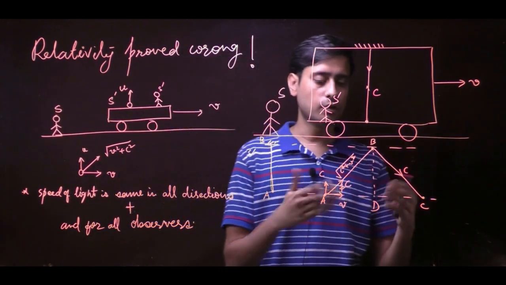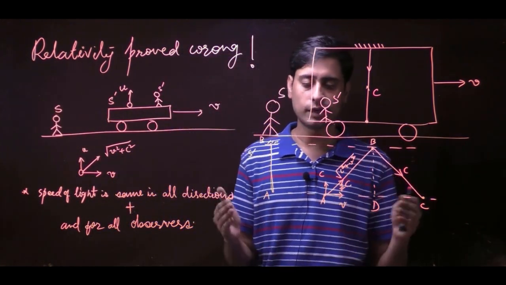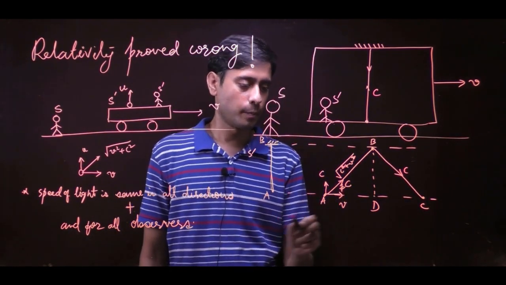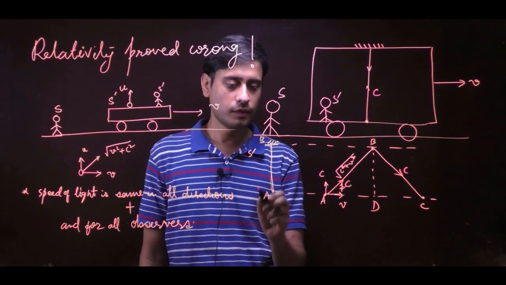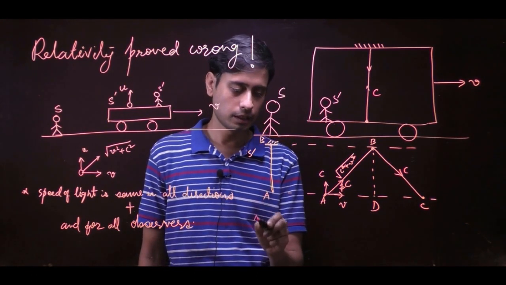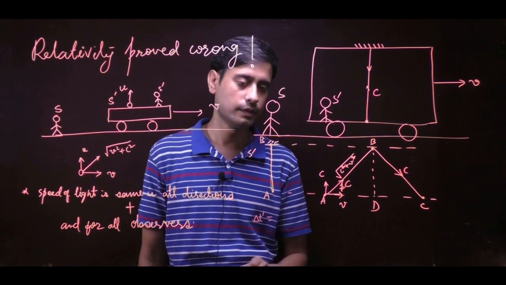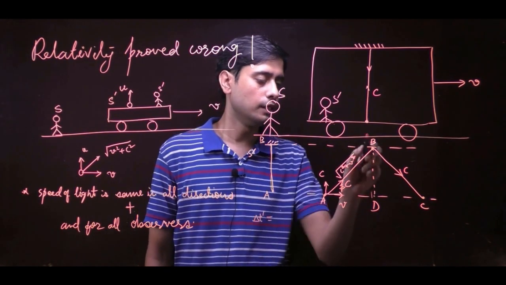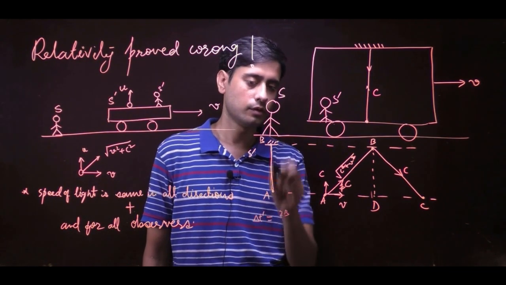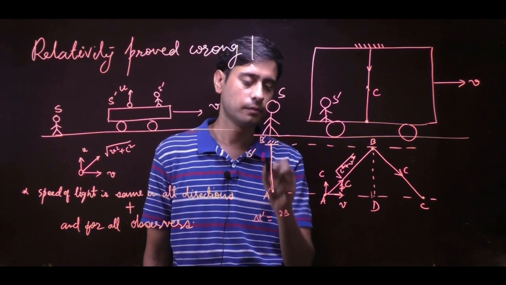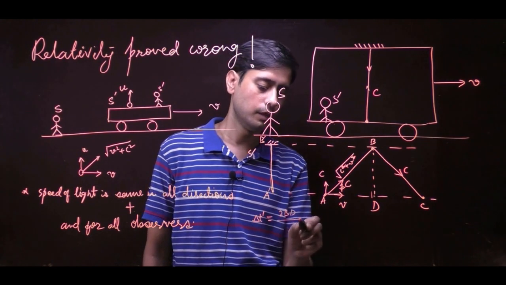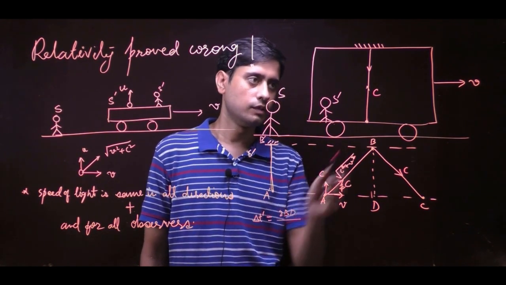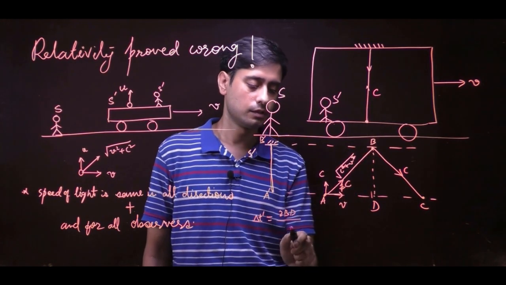If we do the same calculation here, let's see what happens. We have delta t prime equal to twice BD, or you can say A prime B prime, upon the speed which he will notice, which is c.